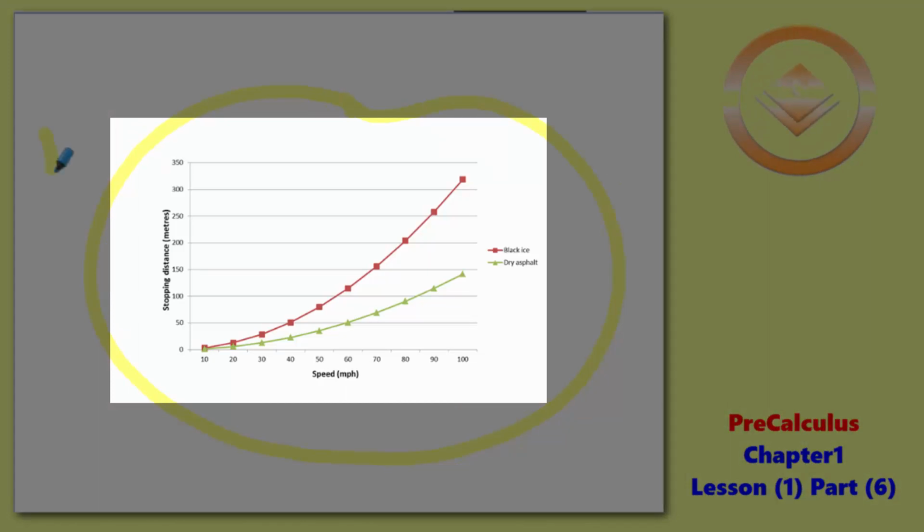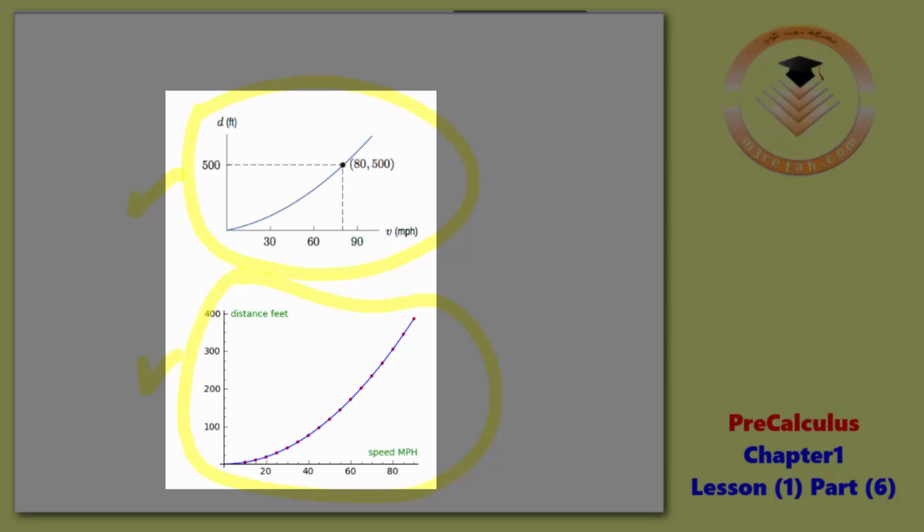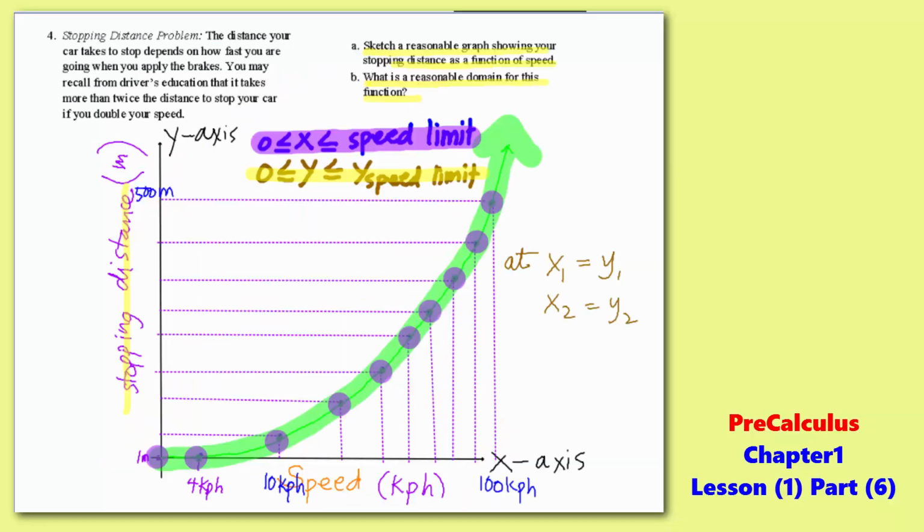So that verifies my assertion for the movement of the graph of the speed versus the stopping distance. And these are also from other websites, and I have observed that my assertion is similar to those presented by these graphs. So that is the answer for this question, stopping distance problem.